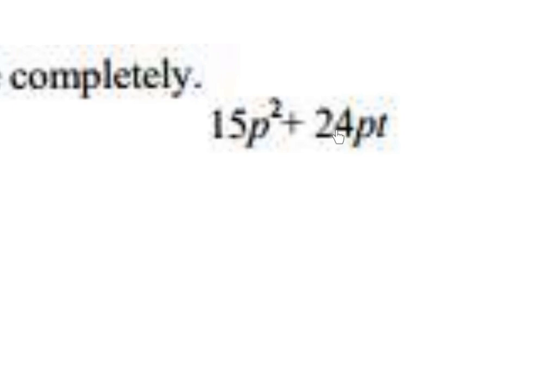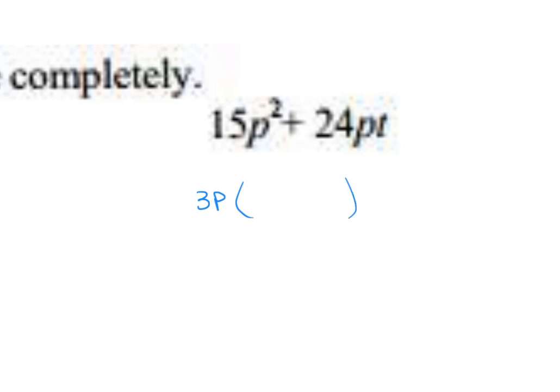What is the highest number they can be divided by? 15 and 24 are divisible by 3. 3 times 5, 3 times 8. So for 15 and 24, it is 3. b power 2 and bt: b is common. Take b to the least power. So the common factor is 3b.